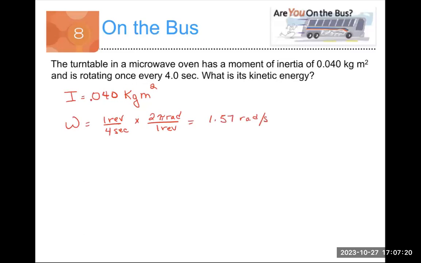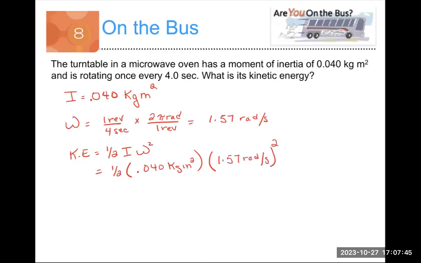radians per second. So our kinetic energy, remember, it's 1/2 I omega squared. So we're going to have 1/2 times 0.040 kilograms meter squared times 1.57 radians per second, and that's all squared.